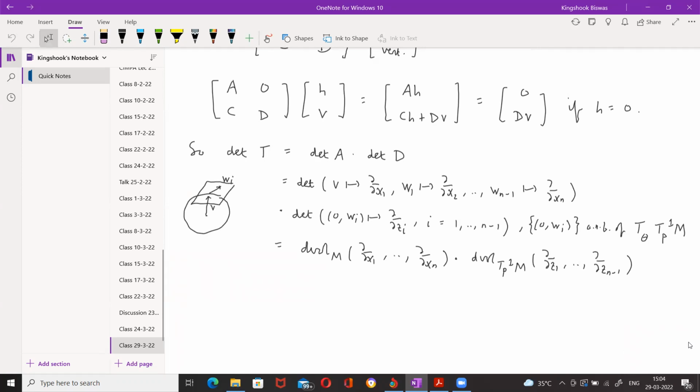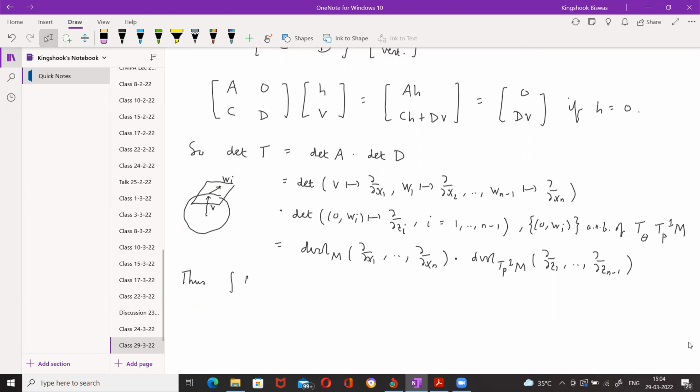The fiber is a Riemannian manifold with the induced Sasaki metric, which is isometric to the unit sphere S n minus 1. And we're taking an orthonormal basis 0, W1 up to 0, Wn minus 1 of that and mapping it to the basis del del Zi.